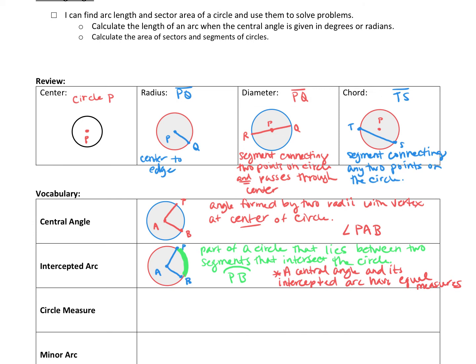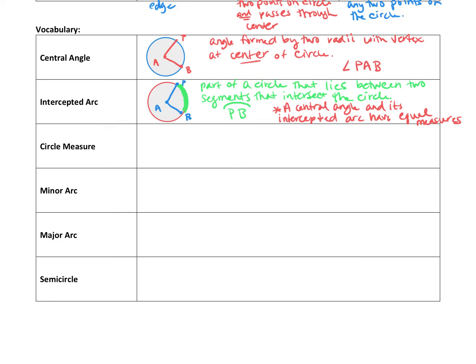All right, so the total measure of a circle is 360 degrees.